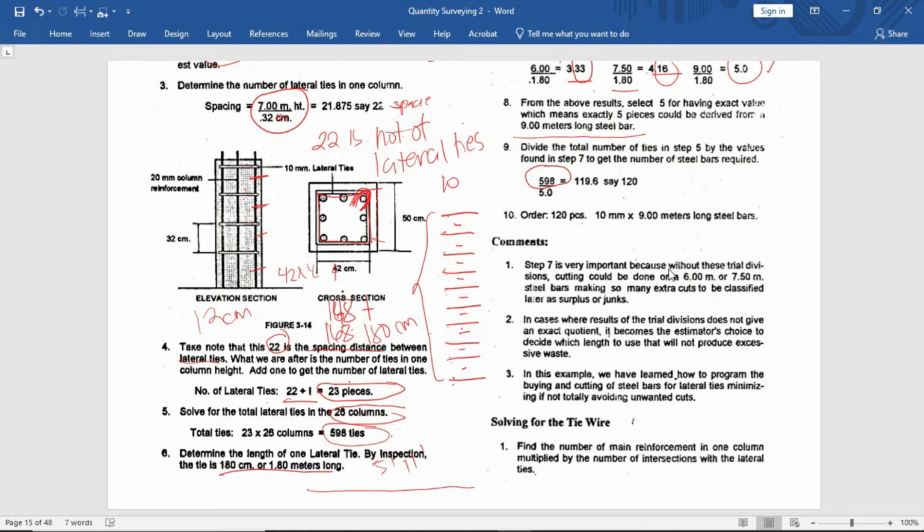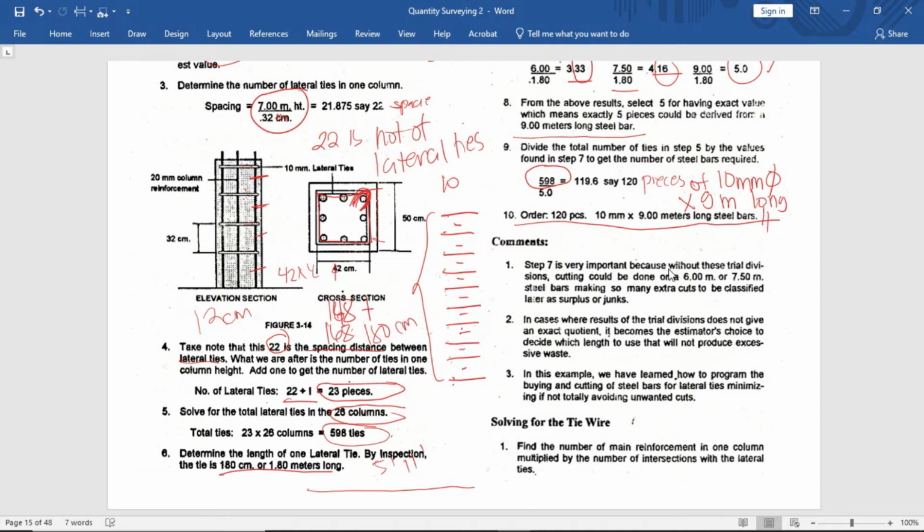Say 120 pieces of 10 mm diameter bar by 9 meters long. So yan, 120 pieces of 10 mm diameter bar by 9 meters long steel bars.